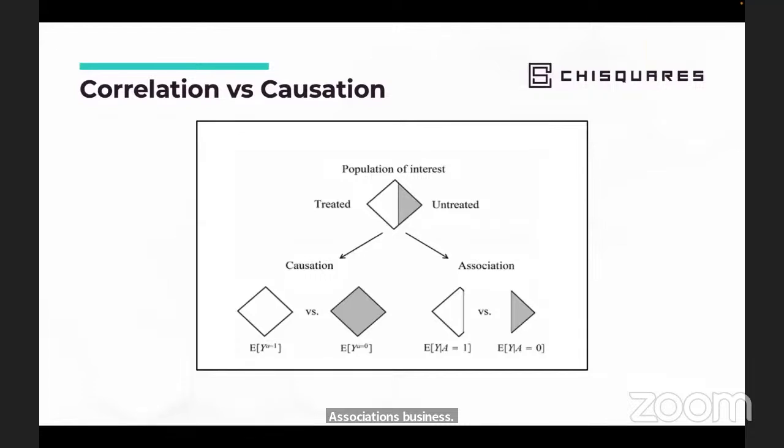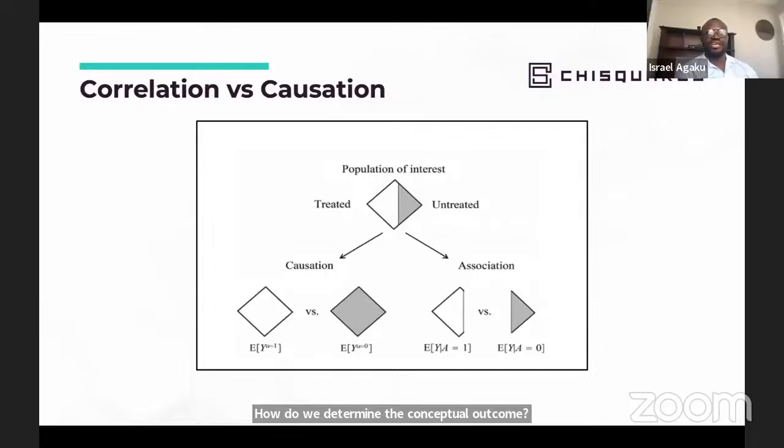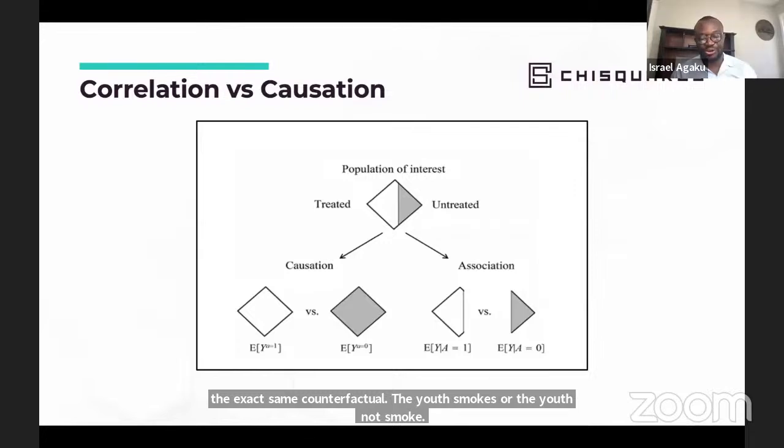How do we determine the counterfactual outcome? It's implied. If your study is, for example, looking at whether there is a relationship between parental smoking and youth smoking, well, there are only two observed outcomes, right? The youth smoked or the youth did not smoke. These are the exact same counterfactual: the youth smoked or the youth did not smoke. It's only that you can only have one of those two outcomes observed.